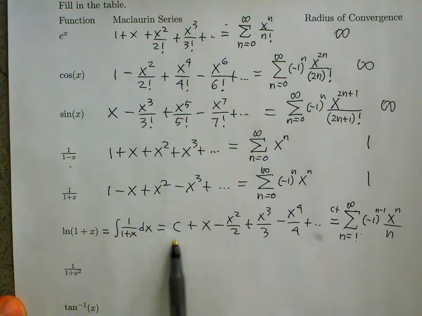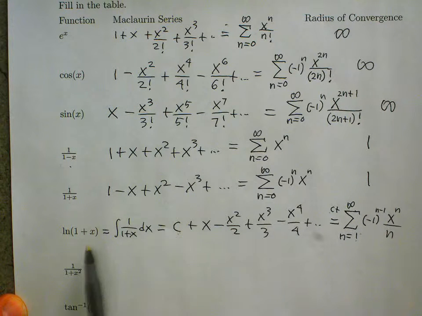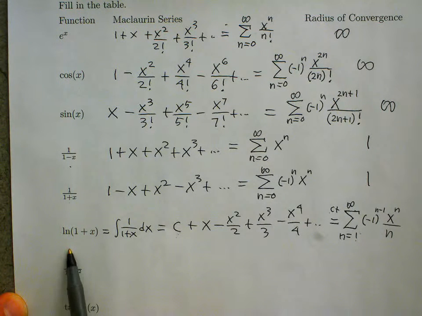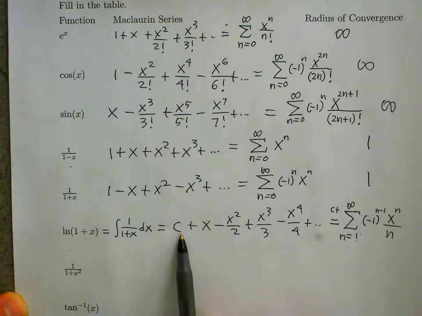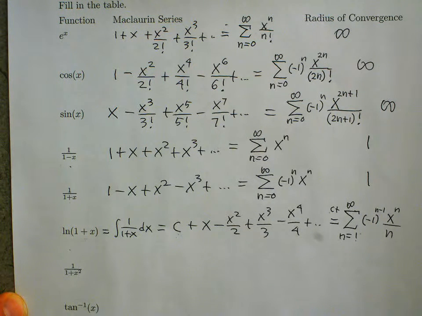We've done this before, but we can show that the integrating constant has to be 0. If you replace x with 0, we get the natural log of 1. The natural log of 1 is 0, but if you replace all of these x's with 0, we're just left with c. So c equals 0.